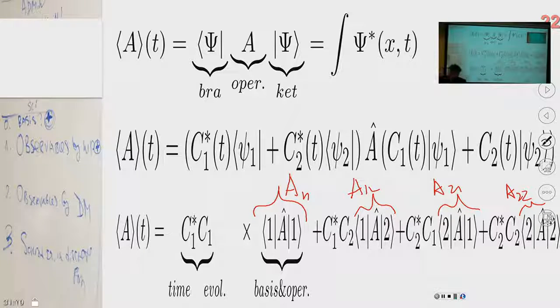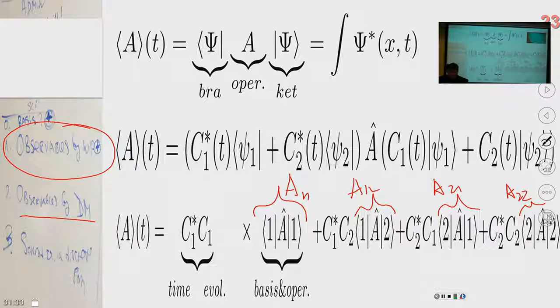So we covered how to cast observables by wave function. There is an alternative way to cast observables by density matrix, which we covered in the past. I will try to jump through as quickly as possible because it is auxiliary information.